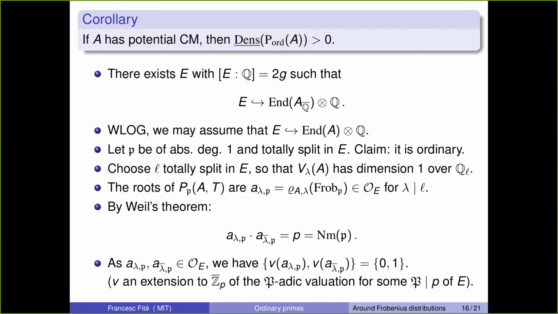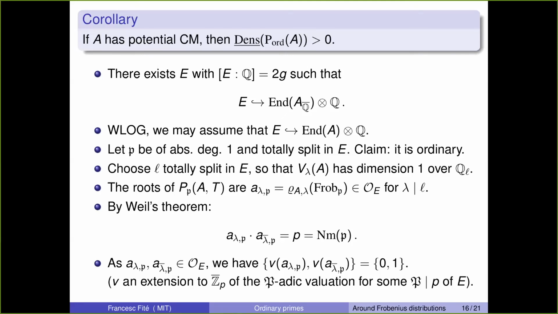And then Weil's theorem, as I already used on the first slide of the talk, tells us that the roots of the polynomial P_P come in pairs which multiply up to the norm of P. But now the fact that these roots are irrational means that their valuation will be integral, and since the sum of the valuations of a pair of complex conjugate roots must be 1, this means that the set of valuations of such a pair must be 0, 1.